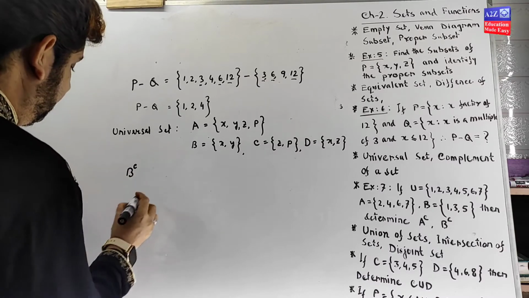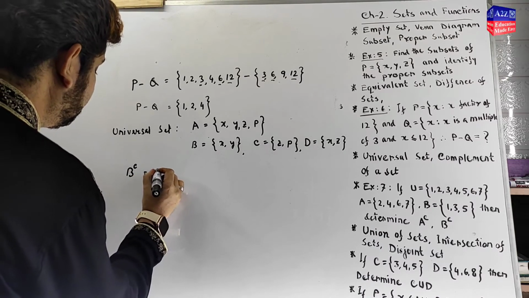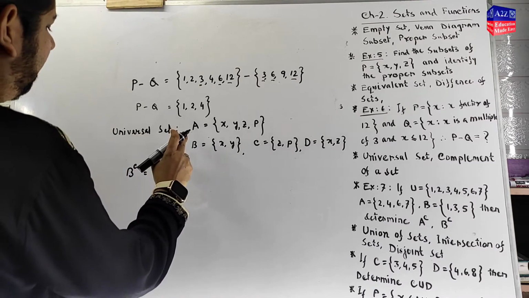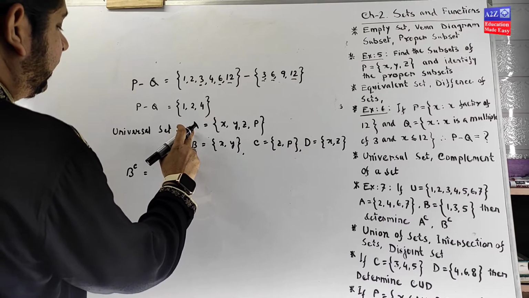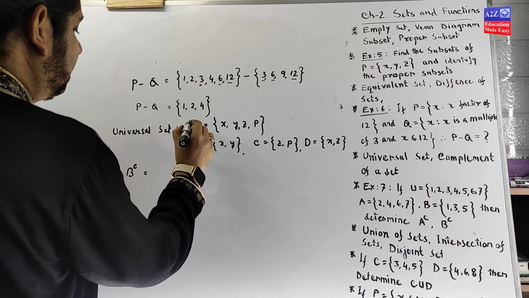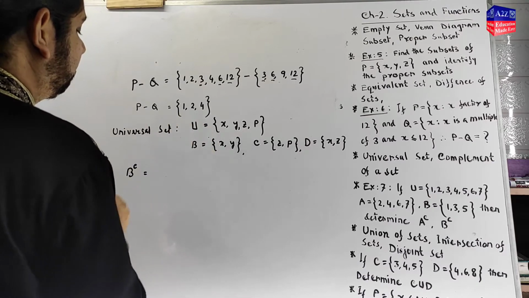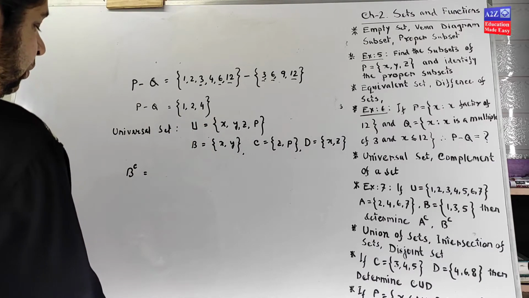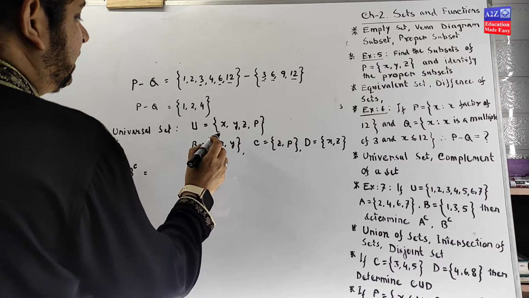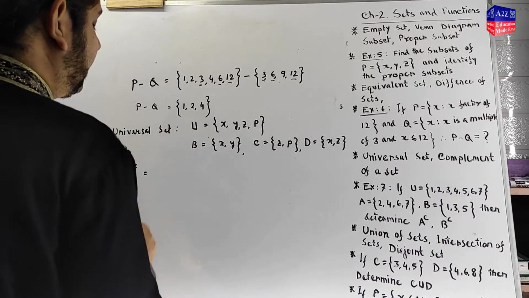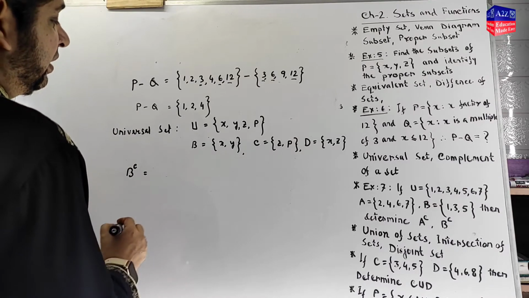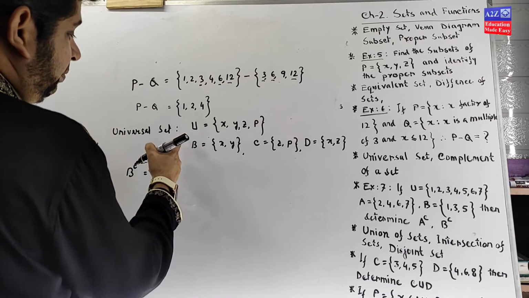It would be better if I term the mother set as U. U would be better to define the universal set. So U is the universal set which contains the elements x, y, z and p, and B, C, D, all three are the subsets of U.